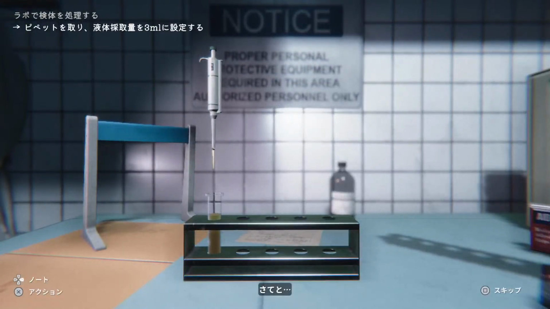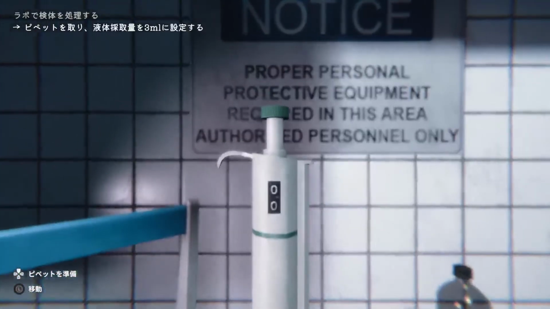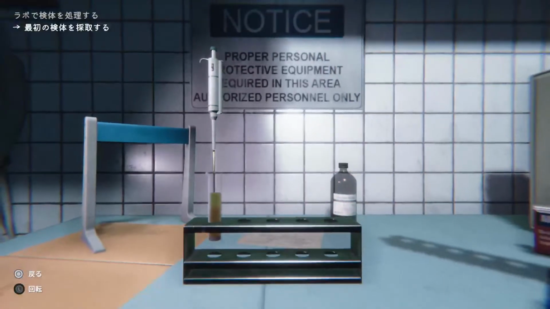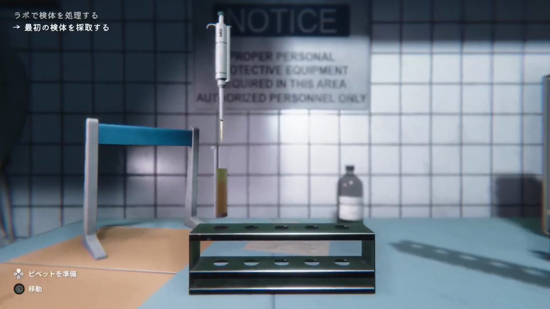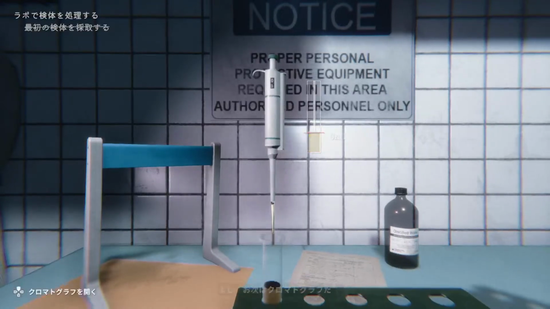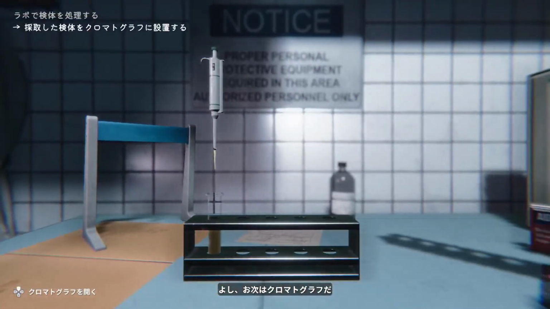Let me think. 3 milliliters should be fine. Okay, now it's the chromatograph's turn.